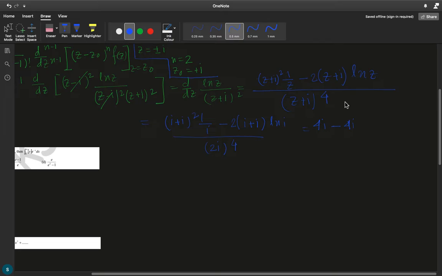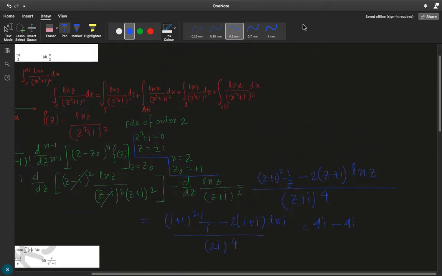Basically ln i can be written using e to the power i pi by 2. We know that i is equal to e to the power i pi by 2, because e to the power of an odd multiple of i pi by 2 is basically i.